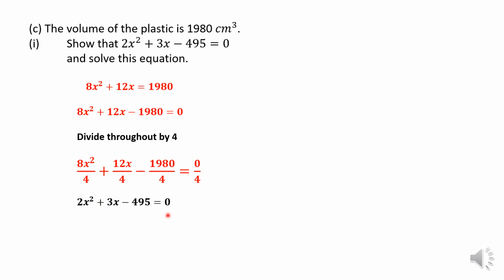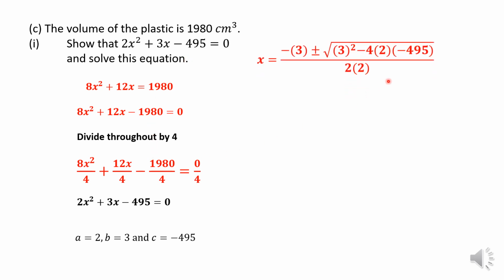Now, solving this equation, I'm using the quadratic equation formula because it will not factorize easily, but it does factorize as well. Because I'm dealing with such a horrible big number, I'm comfortable using the quadratic formula. You can use any method that you are used to.